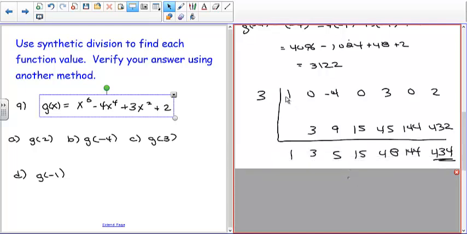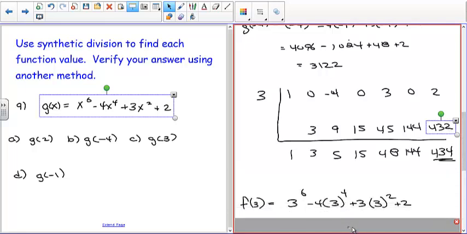Bring the 1 down. 3 times 1 is 3. 0 plus 3 is 3. 3 times 3 is 9. 9 plus negative 4 is 5. 3 times 5 is 15. 0 plus 15 is 15. 3 times 15 is 45. 3 plus 45 is 48. 3 times 48 is 144. 0 plus 144 is 144. 3 times 144 is 432. 2 plus 432 is 434.